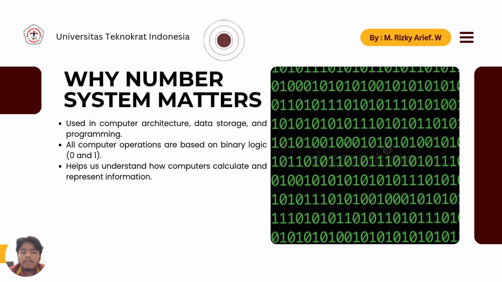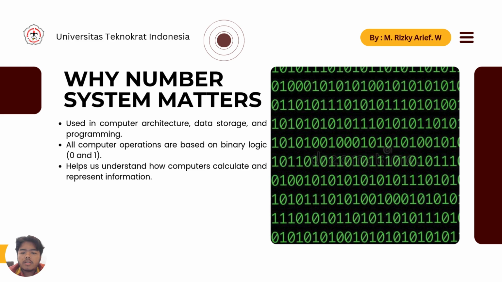Why number system matters? Number systems are very important in computer science because everything a computer does is based on numbers, especially binary numbers. In computer architectures, number systems are used to design processors and memory systems.